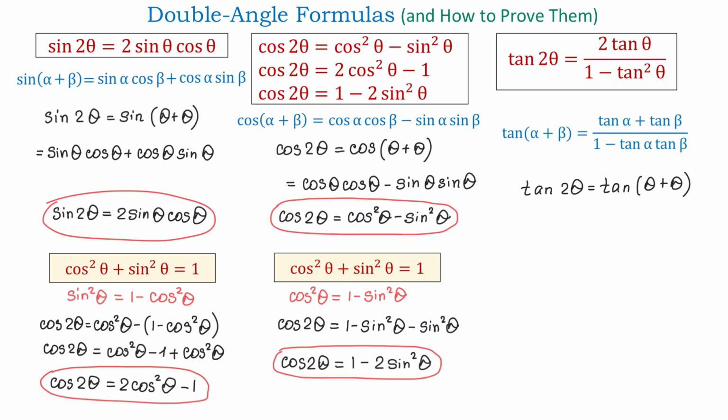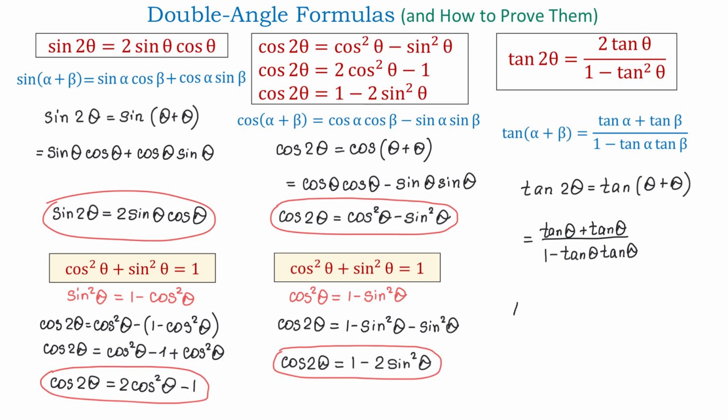Then, using the addition formula above, we will write this as tangent of theta plus tangent of theta over 1 minus tangent of theta times tangent of theta. In the numerator, tangent of theta plus tangent of theta is 2 tangent of theta, and in the denominator, tangent of theta times tangent of theta is tangent squared of theta.